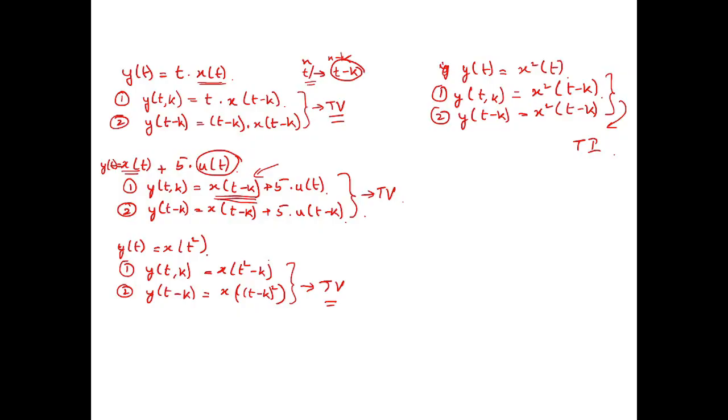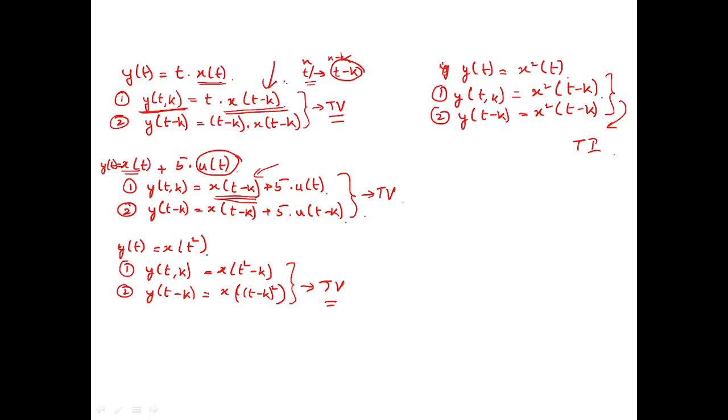So let us take some example that will give you some understanding of how to calculate this. y(t) equals t into x(t). First the signal is delayed, and the output is given by y(t, k), which equals t multiplied by x(t minus k). That means the signal has been delayed. So y(t, k) is the signal due to the delaying of the input.